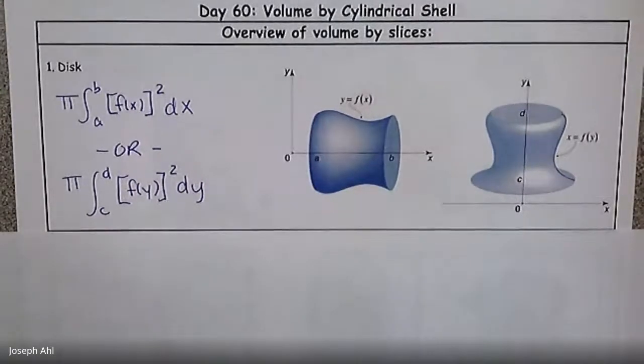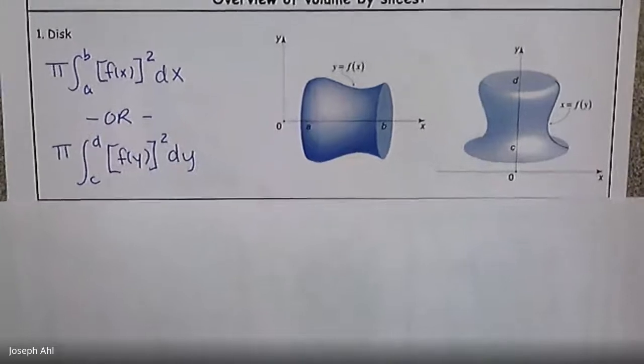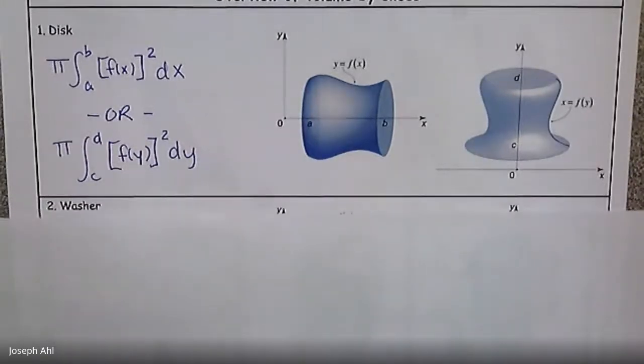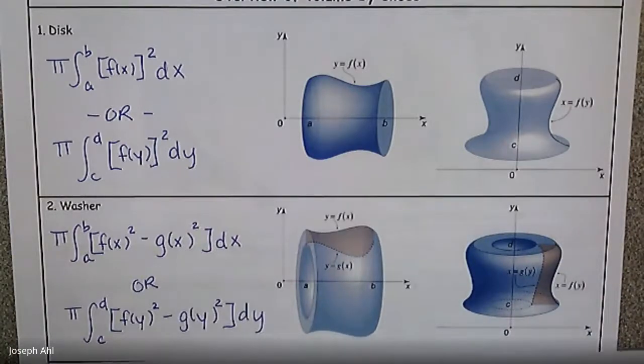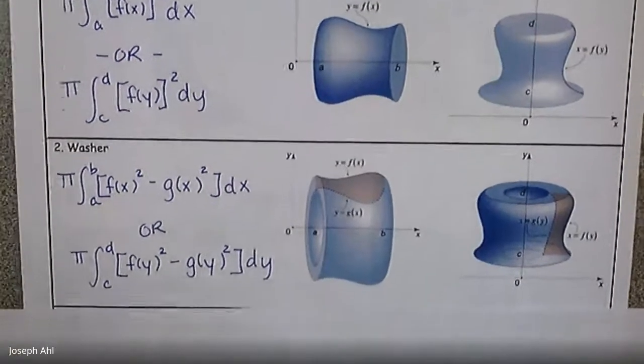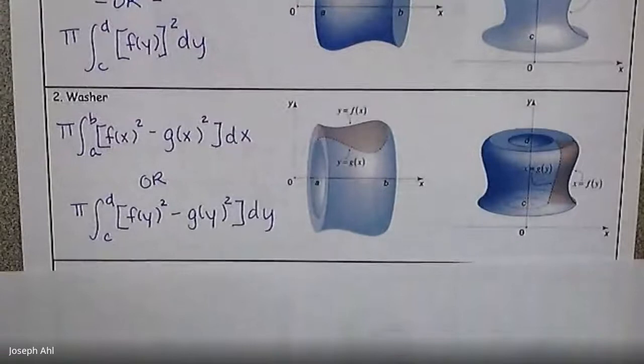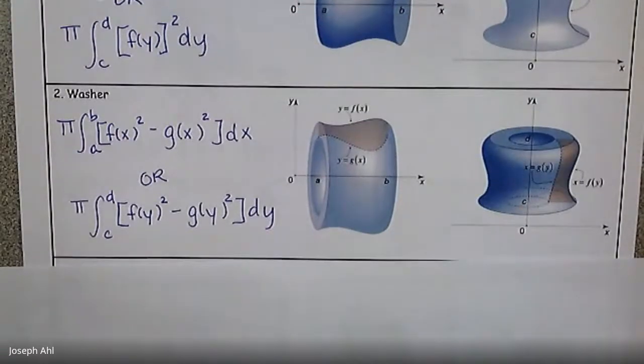The nice thing that I like about this is I know my version's in color. It would be so nice if I could get your version to be in color as well, but hopefully the colors are really helping to make some sense of the three-dimensional nature of taking these regions and spinning them around our axes. Then we move on to washer, and the whole idea with washer is we get this open area in the middle section, so to find our volume by washer, we have to take the larger radius and then subtract the smaller radius squared from that.